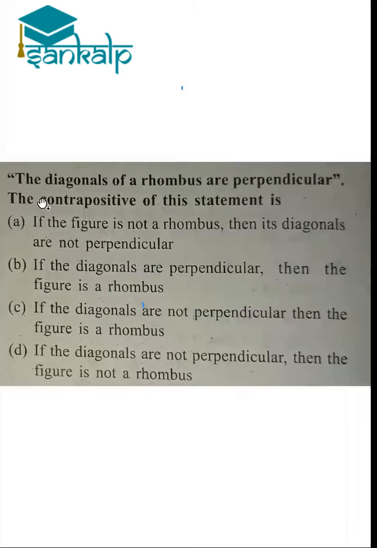The next question is, the diagonals of a rhombus are perpendicular. The contrapositive of this statement is, if the diagonals are not perpendicular, then the figure is not a rhombus.